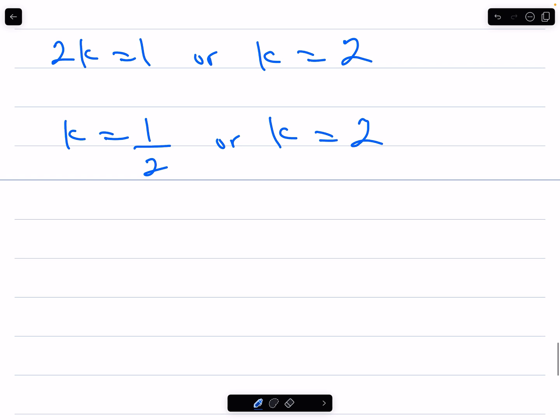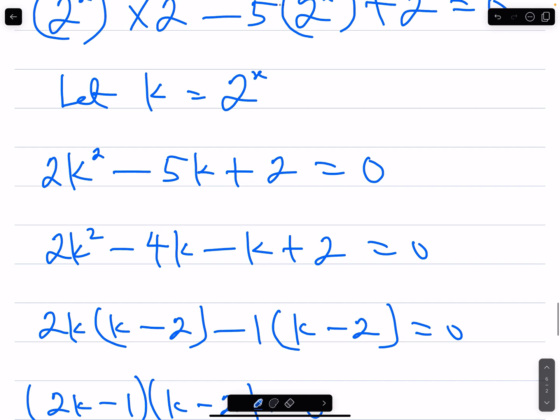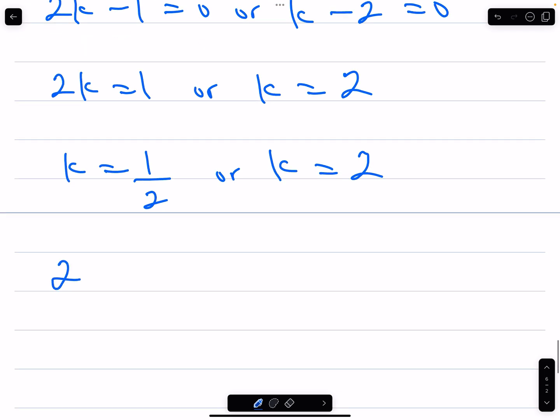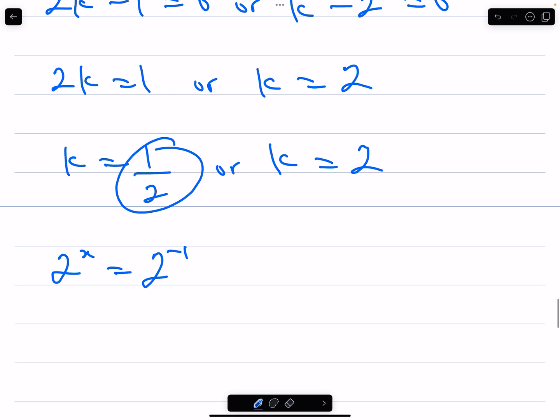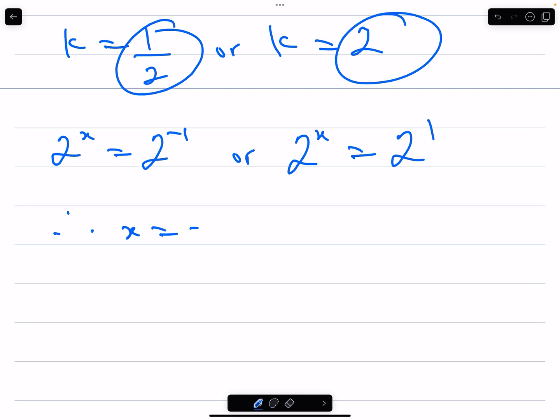And we know that k is 2 raised to the power x. So 2 raised to the power x equals 1 over 2, which is the same as 2 raised to the power minus 1, or 2 raised to the power x equals 2, which is the same as 2 raised to the power 1. Therefore x equals minus 1 or x equals 1.